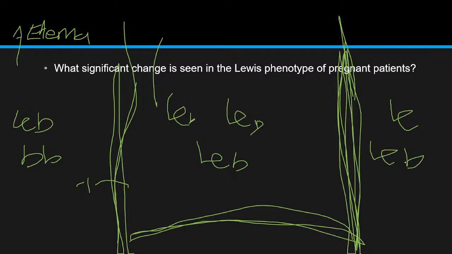Bakit medyo onti? Kasi nga diluted yung sample because there is an increase in plasma proteins such as albumin, globulin, and... Hello? Ayan, ayan.